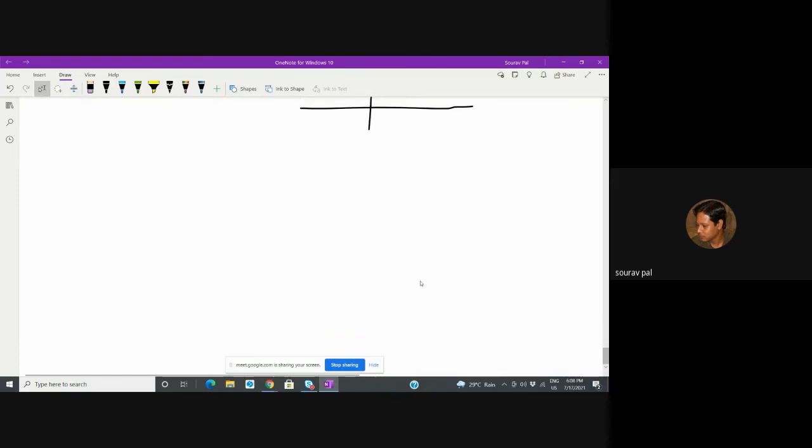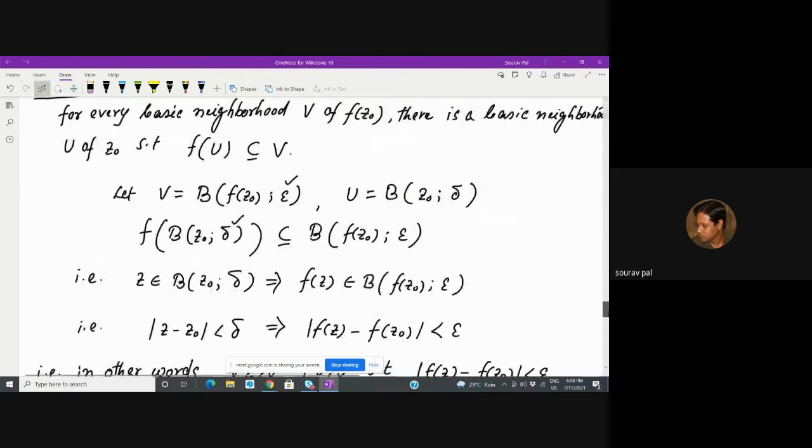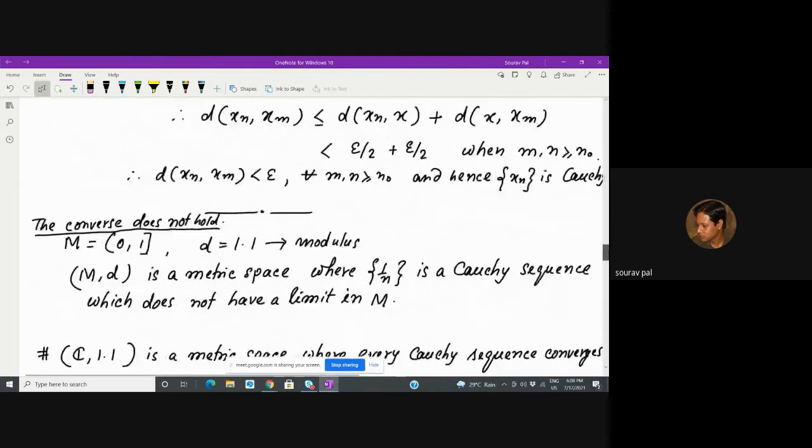So I want to get back to the logarithm. So we have defined logarithm, right? If you just look at the definition, there is nothing suspicious. The definition is clear.